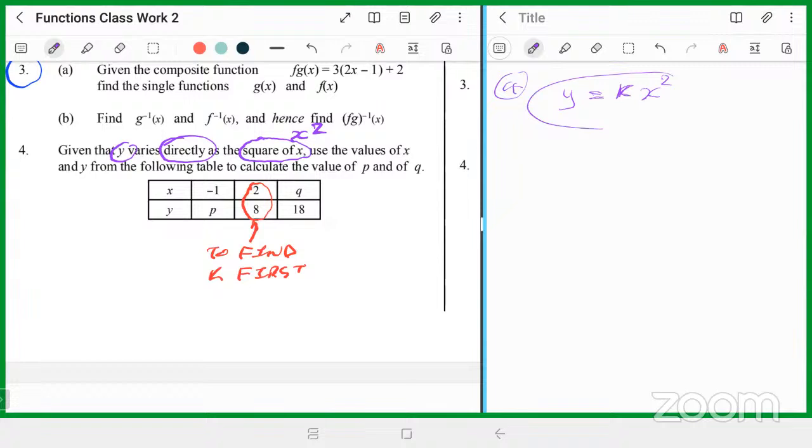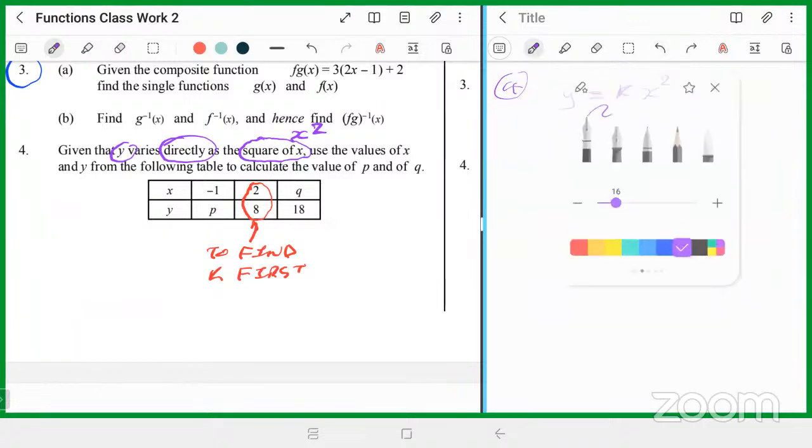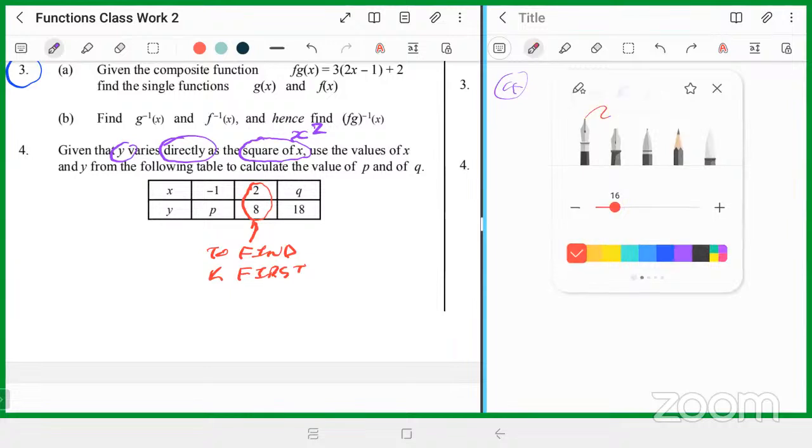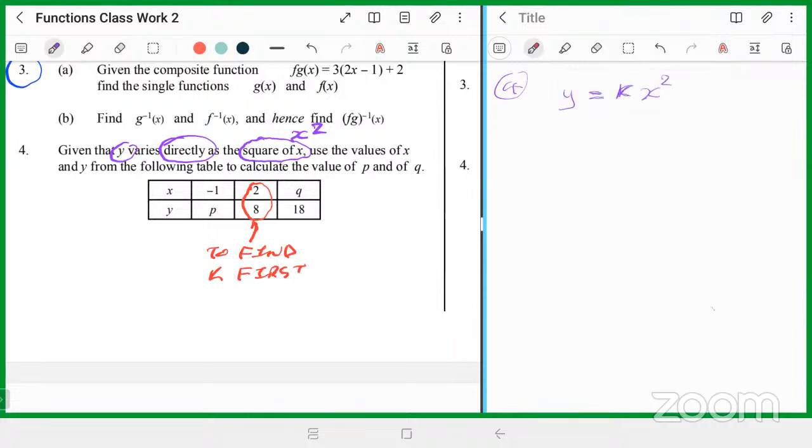That's a formula. And we want to find this k first. So even if they don't ask for k, the method we're using is to find k first.